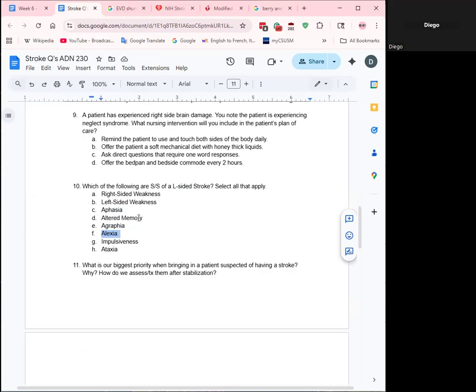So if they asked this exact question, but it was for a right-sided stroke, you'd be looking at left-sided weakness, things involving ability to control your emotions, control your expression, ability to remember, so altered memory, impulsiveness, ataxia, which is balance.